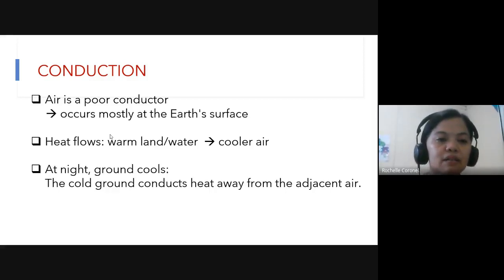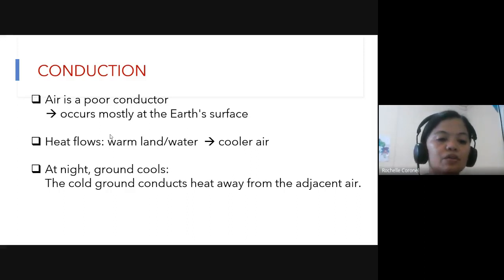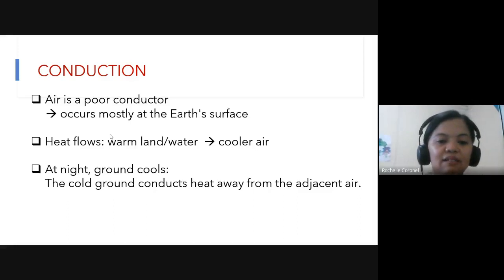Okay. So what happens is, during the day, the sun hits the earth, and then during the night, the earth cools down. So the cold ground conducts heat away from the adjacent air. Since the ground is colder, it conducts heat away from the adjacent air.